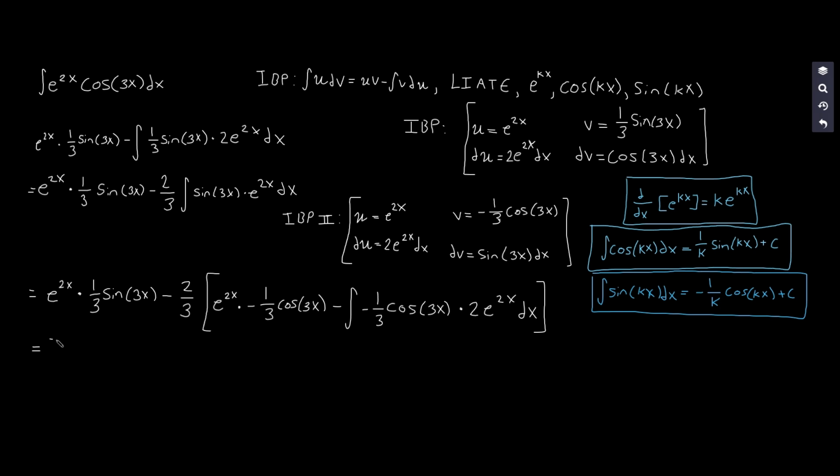Let's see. I think what I'll do is I'll put that e raised to the power of 2x over that 3 times sine of 3x, minus 2 over 3.